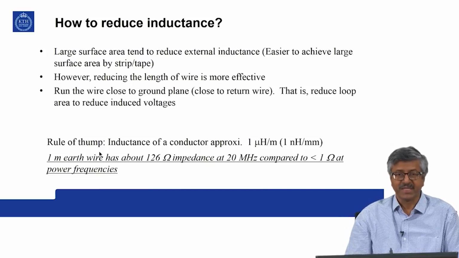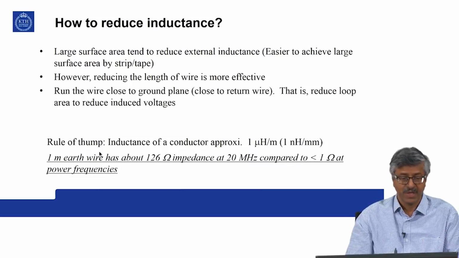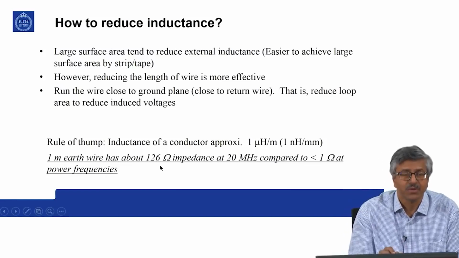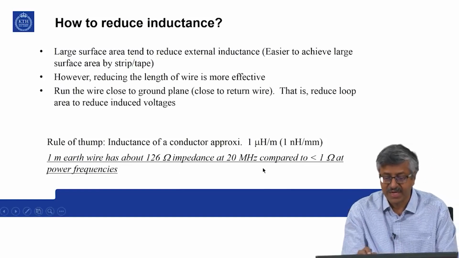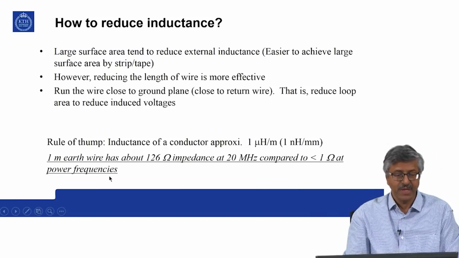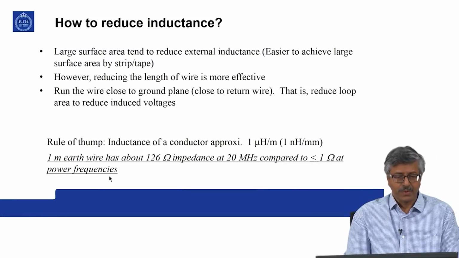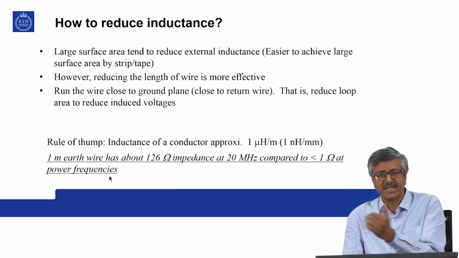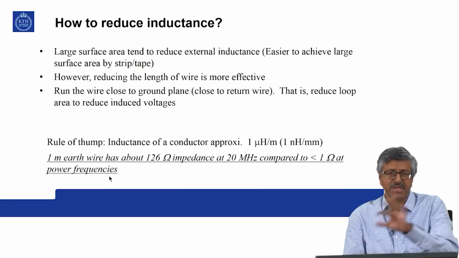Every millimeter reduction will reduce at least 1 nanohenry from the inductance. A 1 meter earth wire has about 126 ohm impedance at 20 megahertz compared with less than 1 ohm at power frequencies. So, the importance of inductance cannot be neglected while finding the impedance under transient conditions, because it can have a tremendous effect.